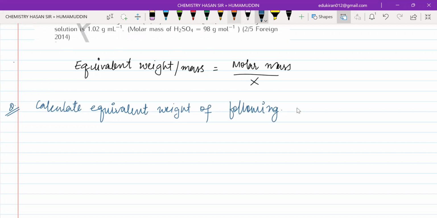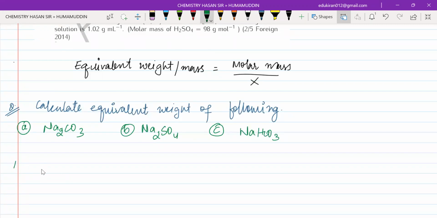What you need to do? First, you are going to calculate the equivalent weight of Na2CO3. Then you are going to calculate the equivalent weight of Na2SO4. Then you are going to calculate the equivalent weight of NaHCO3.